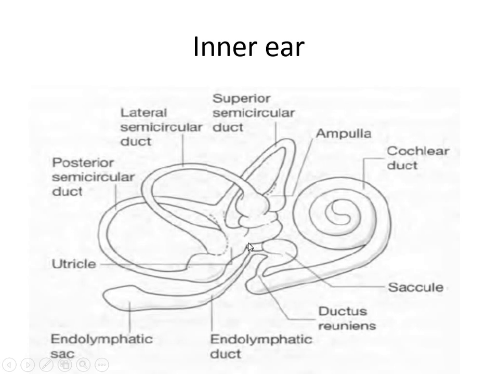The saccule and utricle join together in this area and lead to the endolymphatic duct, which ends in a blind sac called the endolymphatic sac. Good.